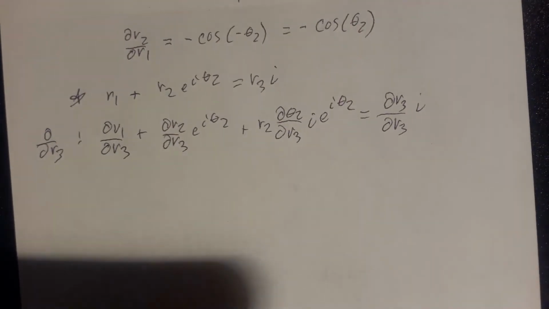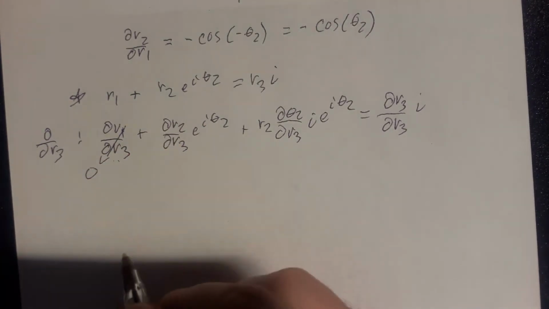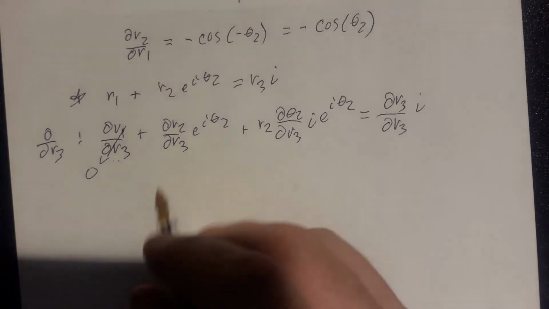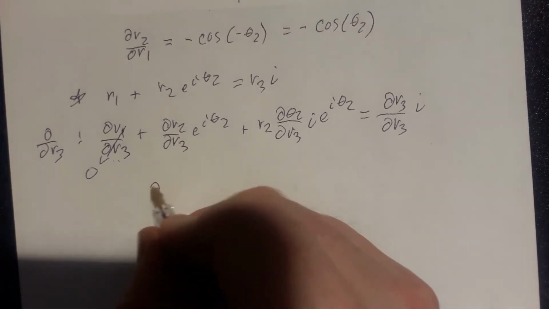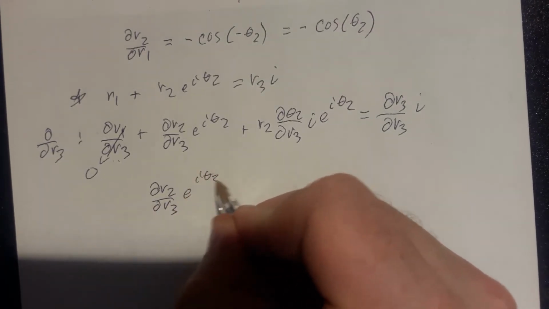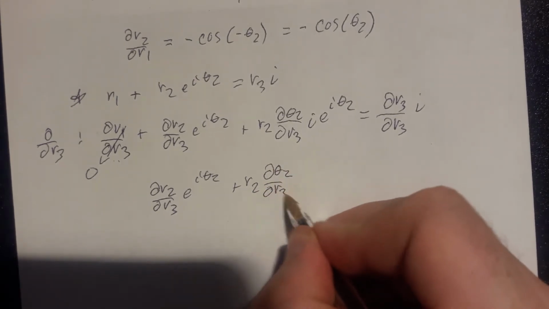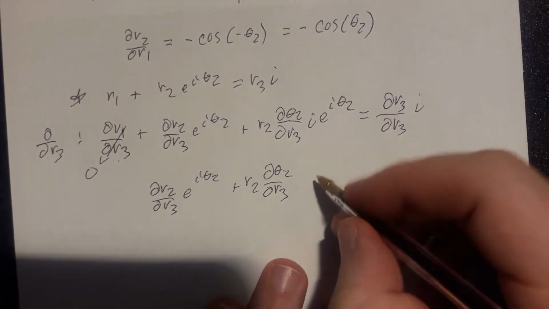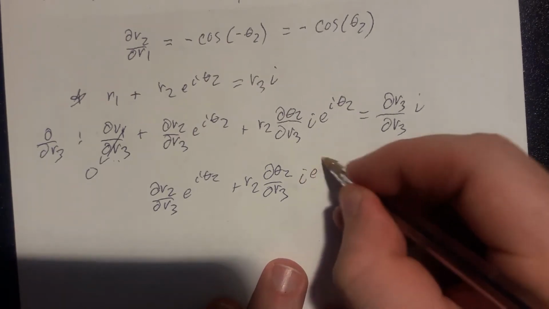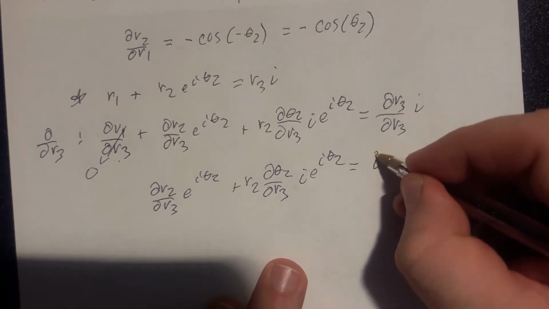Okay, now as we did before, these two are independent variables, so this goes to 0. And then we'll have the thing we're looking for, dr2/dr3 e to the i theta 2 plus r2 dtheta2/dr3 i e to the i theta 2, and that's just going to be equal to i.